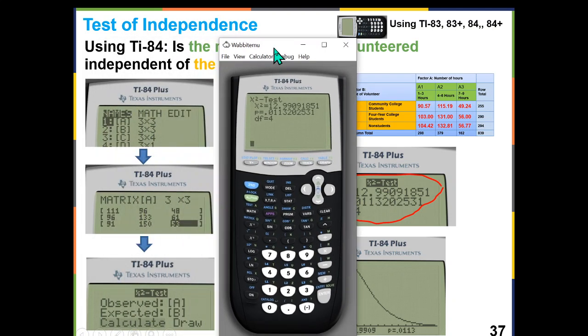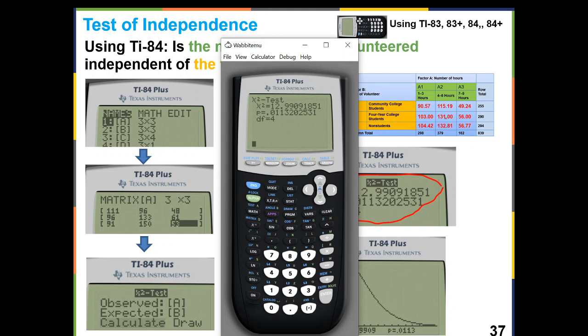Now if somebody asks you, okay, what are the expected values? Well, you can go back to matrix, just clear this home screen, go to matrix and go get B. So you go number 2 and put it on home screen and press enter.